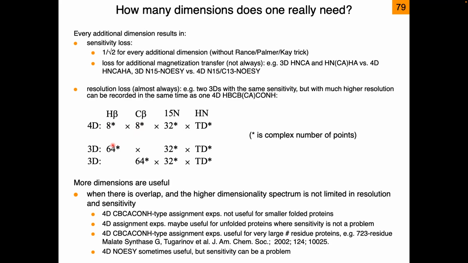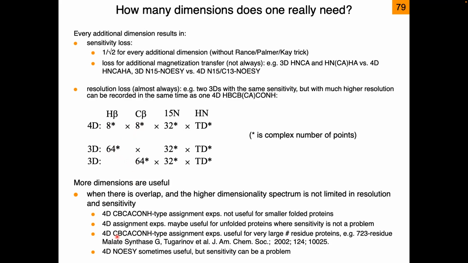In the same time, I can do 2 3Ds with 64 complex increments, let's say in H beta, which is 128 real and imaginary increments, and I can do 64 complex increments in C beta. So I have 2 3Ds in parallel with many more increments and possibly higher resolution.